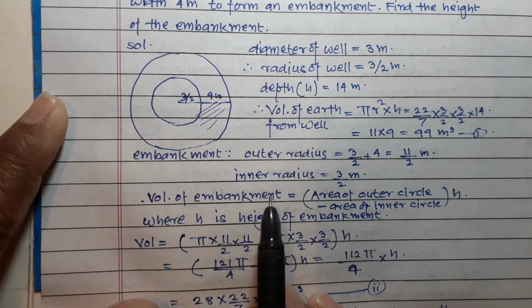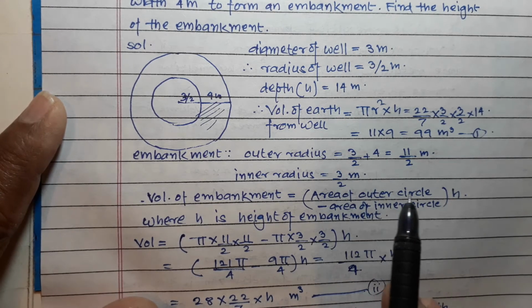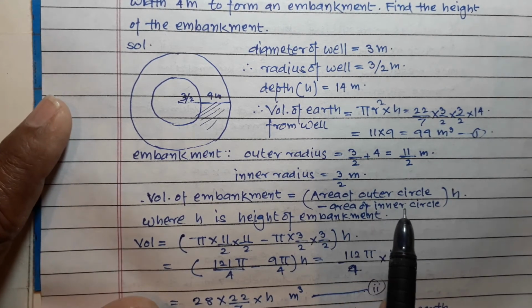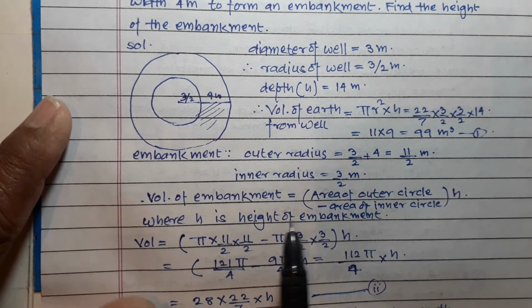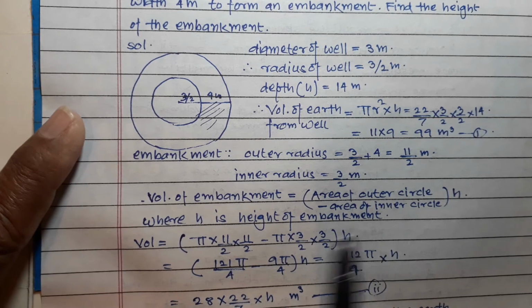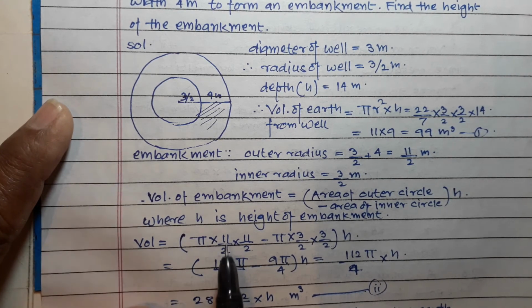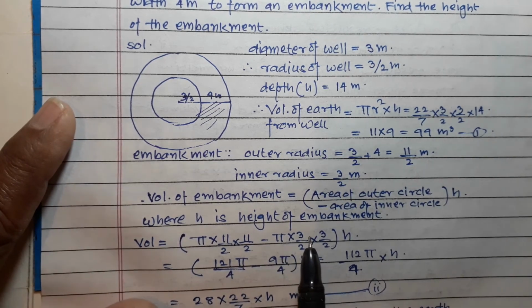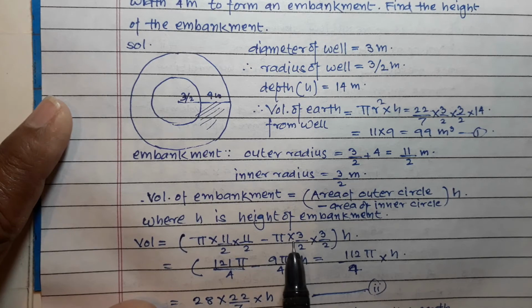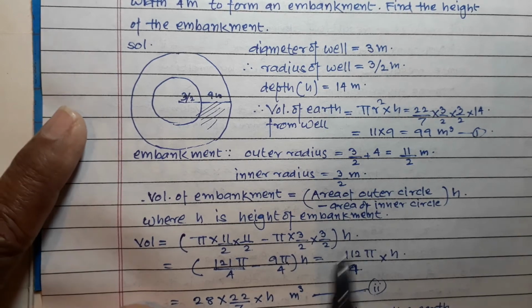So the volume of the embankment is equal to area of outer circle minus area of inner circle into h, where h is the height of the embankment. So therefore volume is equal to pi into 11 upon 2 into 11 upon 2 minus pi into 3 upon 2 into 3 upon 2 into h.